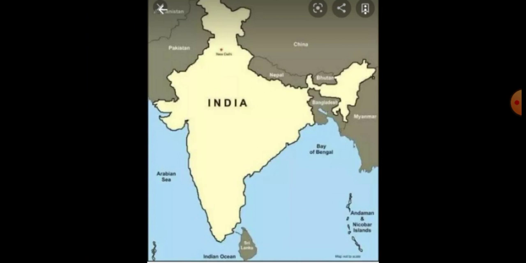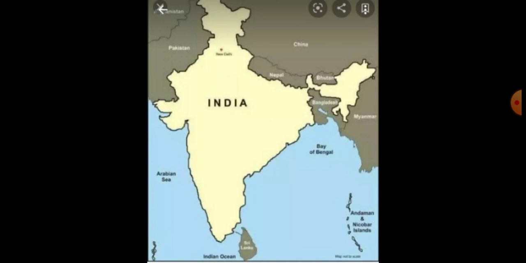Then the total length of the coastline of India, including all the islands, is 7,516.6 kilometers.